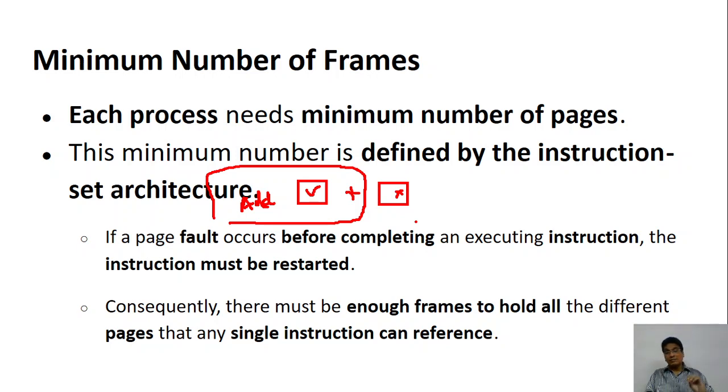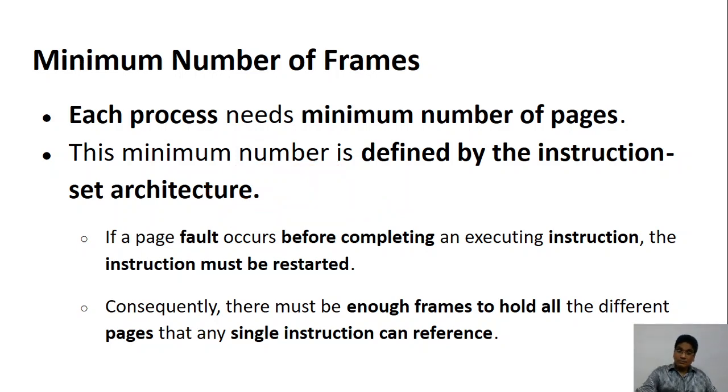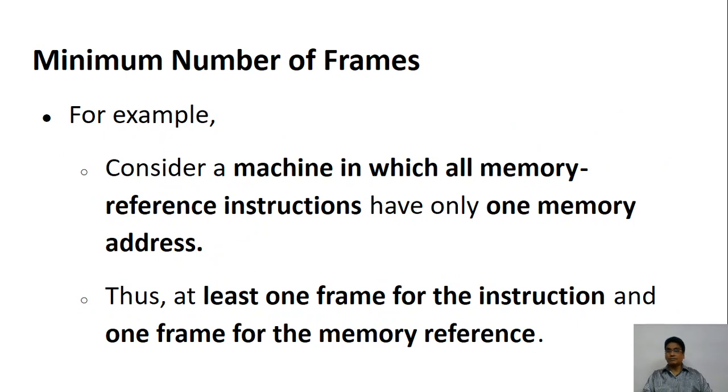So at any given instant of time, if you want the process to work, there must be enough frames to hold all the pages that are required for a single instruction. If the single instruction is referring to a few things, all the frames related to that single instruction must be there. Otherwise, that single instruction itself will not be executed, and the part of the single instruction will be stored in the memory.